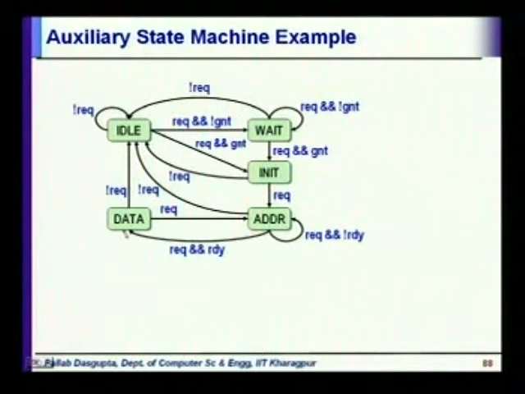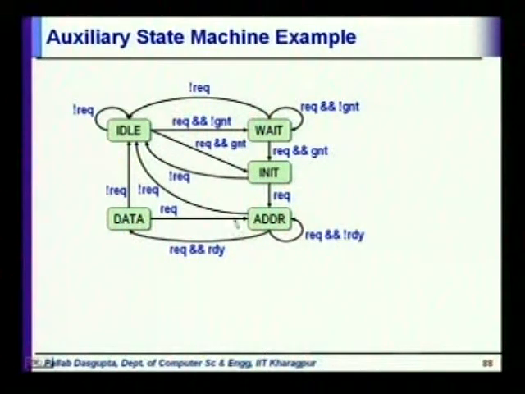When it has ready, it goes into the data cycle, and in the data cycle again, if the request is kept high, that means another item will be read or written, right. So if request is high, then again it is going to go here, and then again it will float another address. So this is floating address here, then reading the data, then floating address, reading the data.